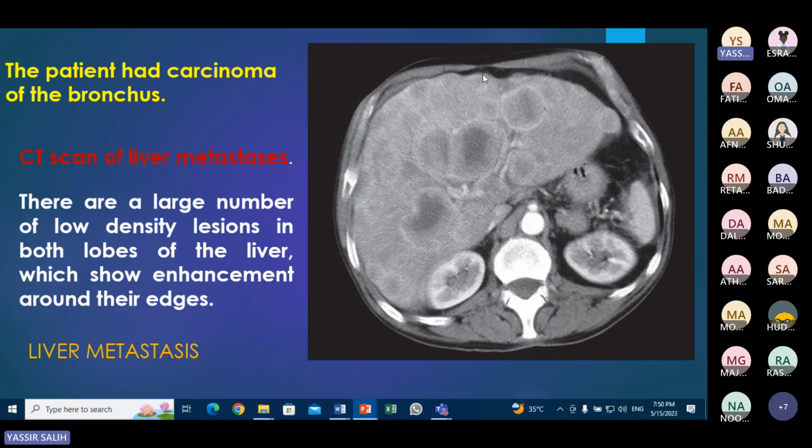Multiple rounded lesions of different sizes scattered in both hepatic lobes, left and right. These many nodules of different sizes, one big, one small. There are multiple lesions.